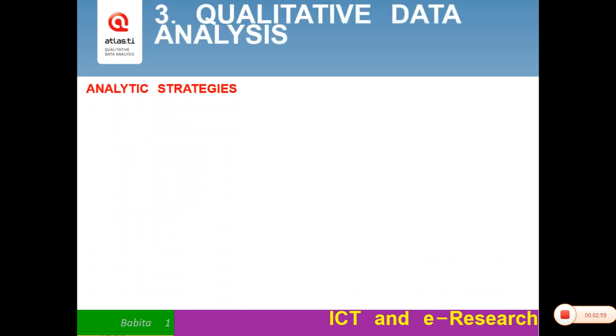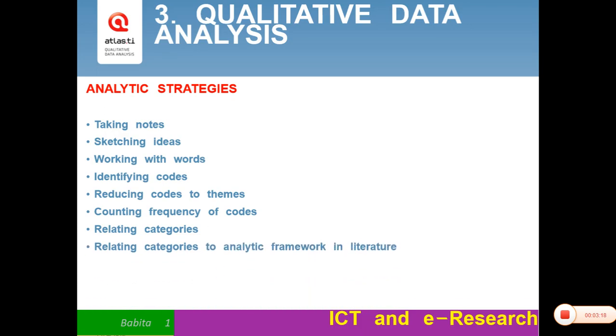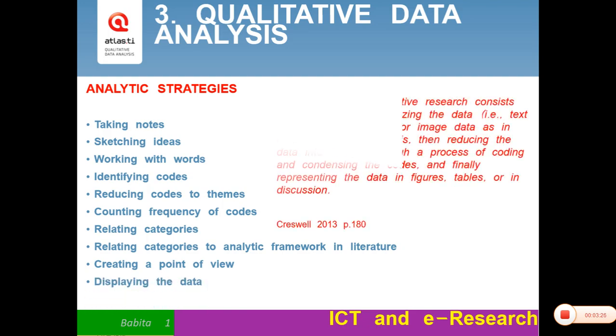In this slide, I will talk about some analytical strategy of qualitative data analysis. So these are taking notes, sketching ideas, working with words, identifying codes, reducing codes to themes, counting frequency of codes, relating categories to analytic framework in literature, creating a point of view, displaying the data.